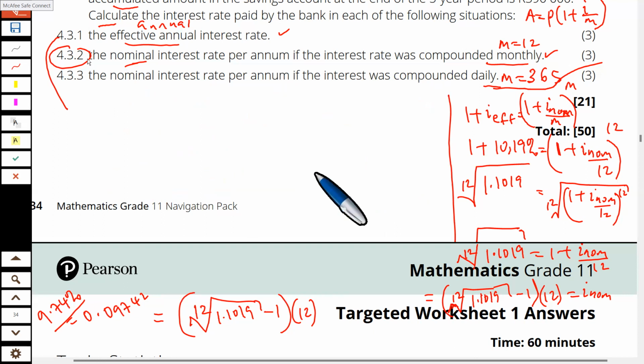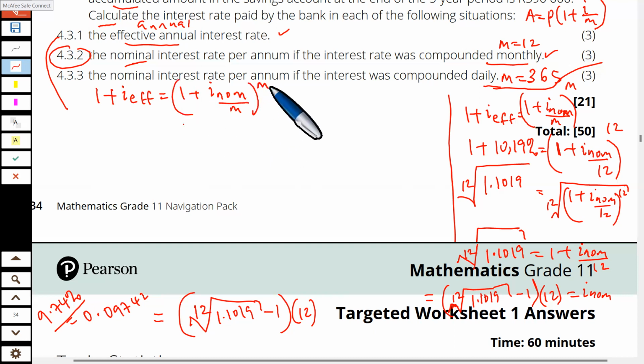So obviously at this point, we're interested in the nominal rate rather than the effective rate. So we use the formula 1 plus i effective is equal to 1 plus i nominal divided by m, raised to the power m. What is the effective rate? We already got it to be 10.19.